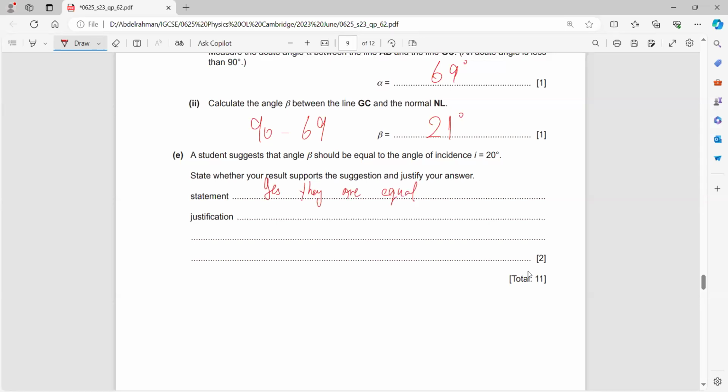But I will say that 20 degrees and 21 degrees are close and within the limits of experimental accuracy.